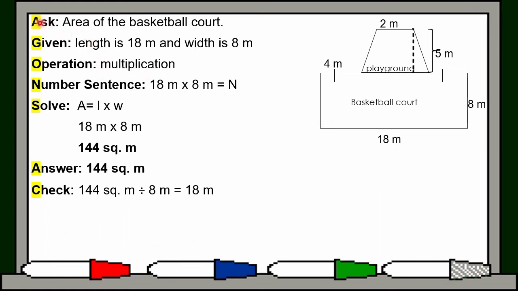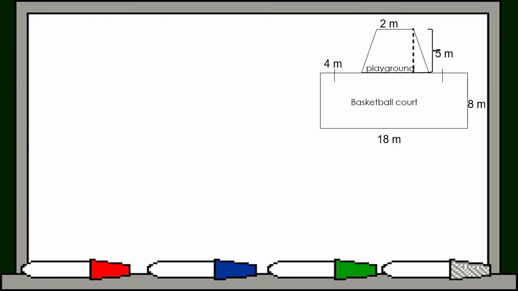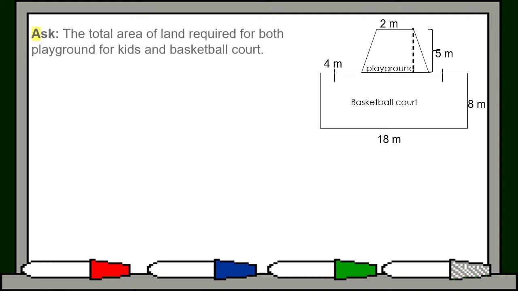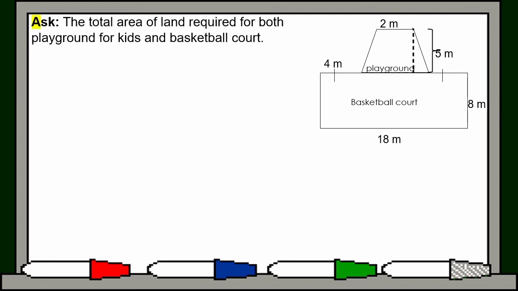So, tandaan nyo lang lagi itong acronym na AGONSAC kapag magsosolve kayo ng word problem para hindi kayo malito at properly guided kayo. Next, let us find the answer for our last question. Okay, for letter A, what is asked? The total area of land required for both playground for kids and basketball court.